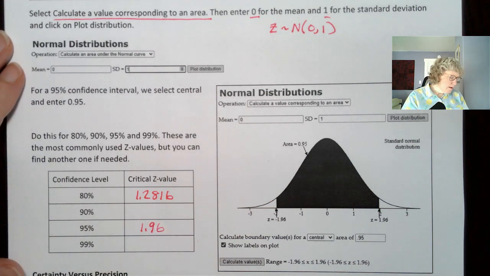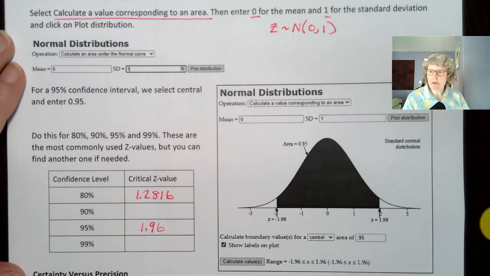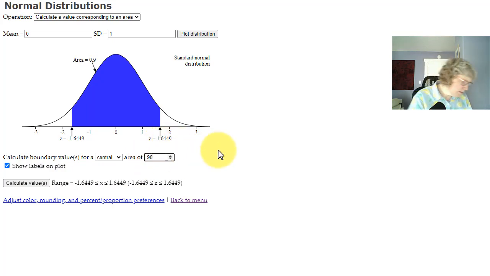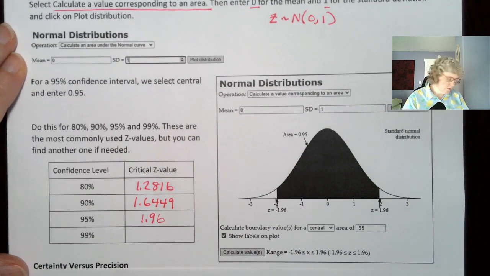Okay, and then let's go ahead and do the 90. So I'm going to go back to the app and change our central area to 0.90, so that's a little bit wider, 1.6449. Okay, so I wrote that in the notes in the second row of the table.